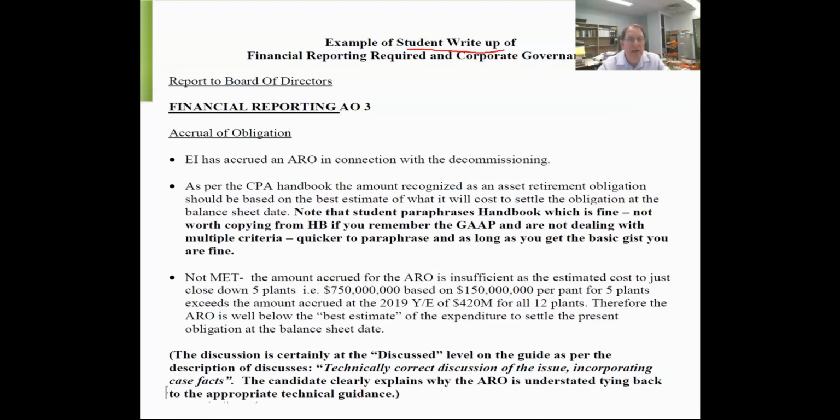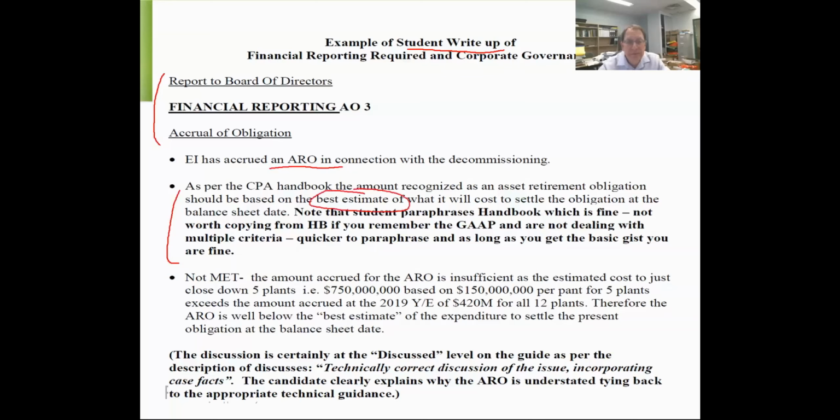Lots of titles. Beautiful. ARO is accrued. EI has accrued an ARO in connection with the decommissioning. Okay, fine. As per the CPA handbook, the amount recognized will be based on the best estimate of what it will cost to settle the obligation at the balance sheet date. Perfectly fine. This is just paraphrase from the handbook. You want to copy and paste? No problem. But the key is you're supposed to set up the ARO at the best estimate.